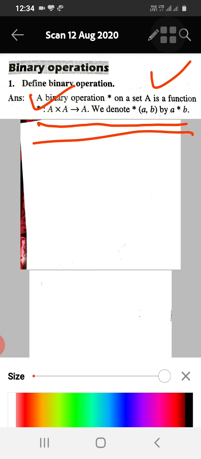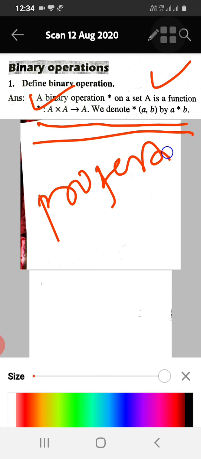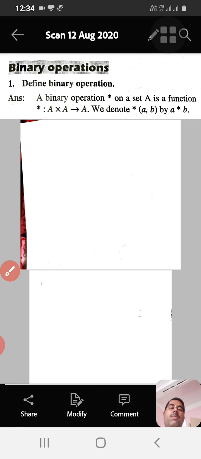This binary operation has many properties, and we can verify or see those properties in the next video. So understand the definition of binary operation properly. Thank you.